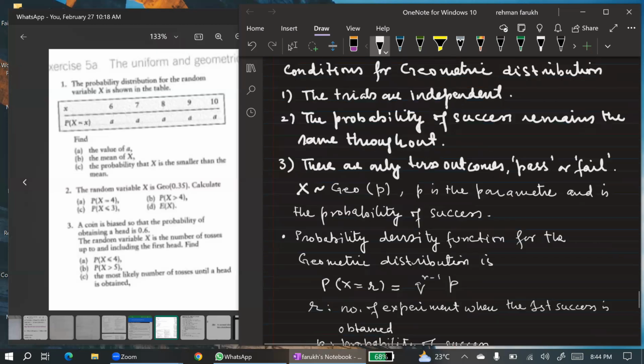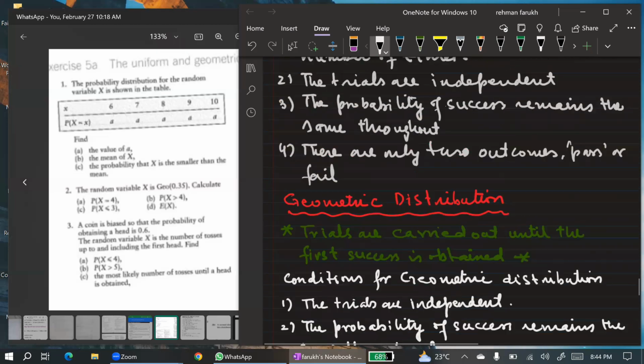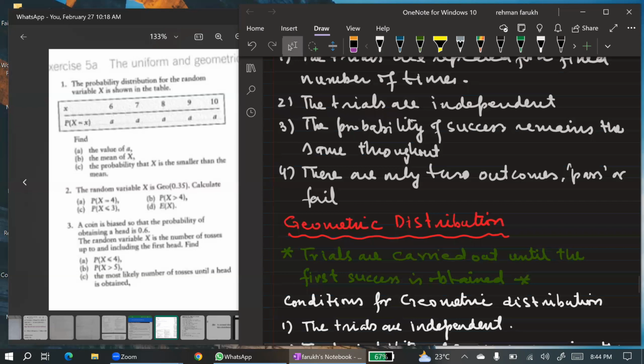Now, in the binomial distribution, the mean is np and the variance is npq.